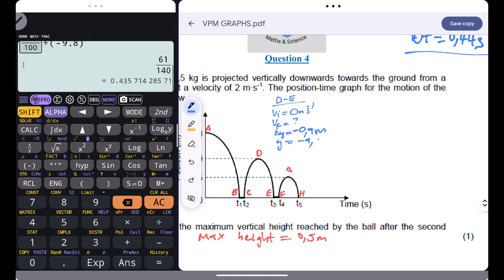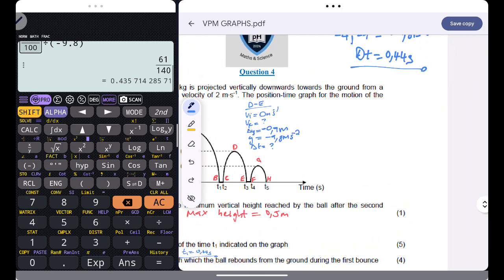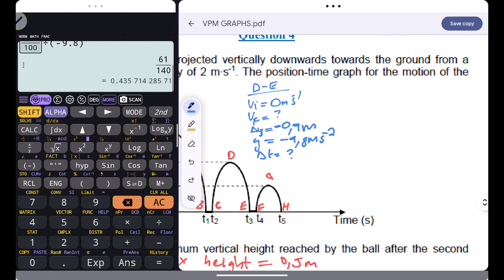Gravity will be negative 9.8 meters per second squared. I don't know the time it took to move from maximum height to the ground. I'm looking for the velocity at position E. Remember that if I can find the velocity at E, that means I also know the velocity at C. The only difference will be the signs they have.